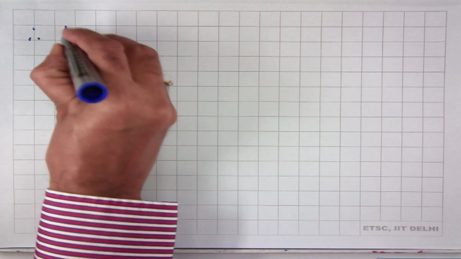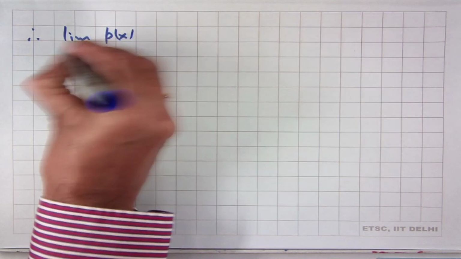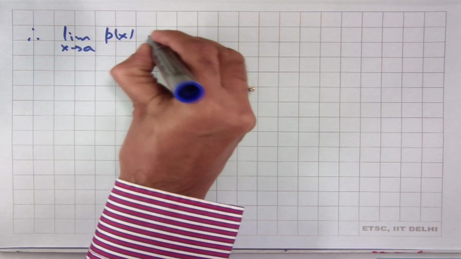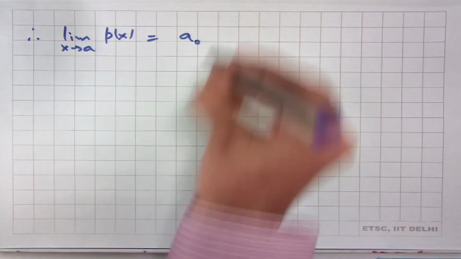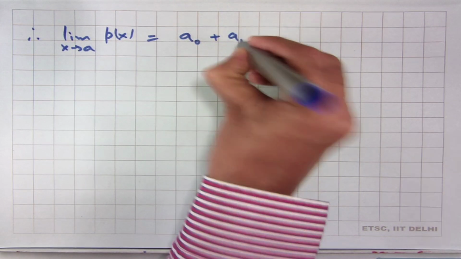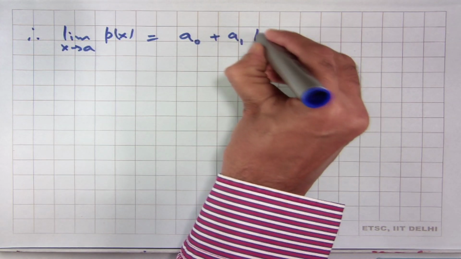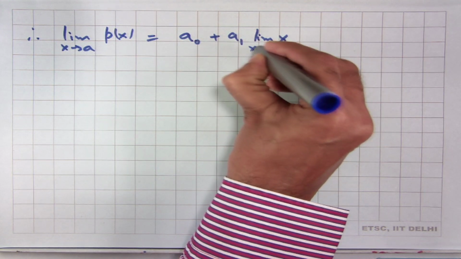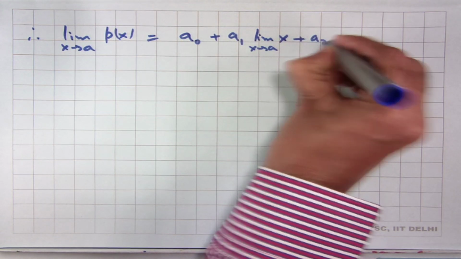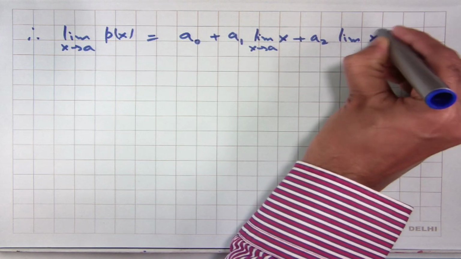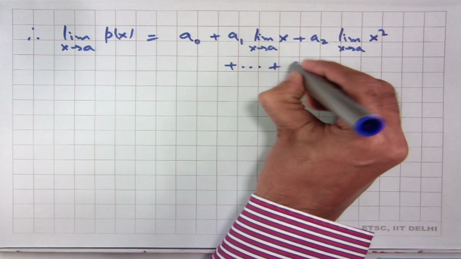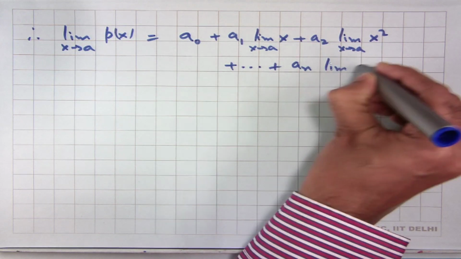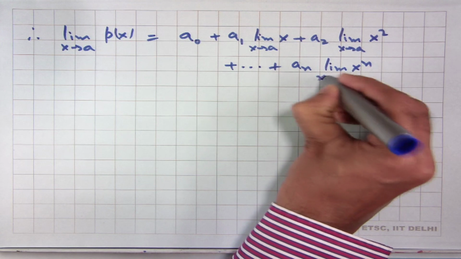So, this implies limit of p of x as x goes to a is equal to limit of the constant is simply a 0 plus a 1 times the limit of x as x goes to a plus a 2 times limit of x square x going to a, so on up to a n times limit x to the n as x goes to a.